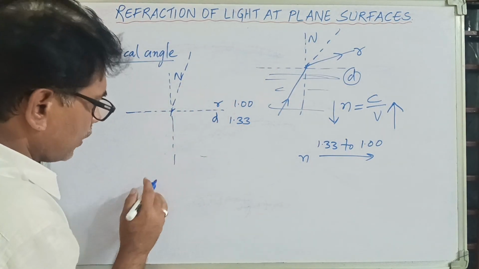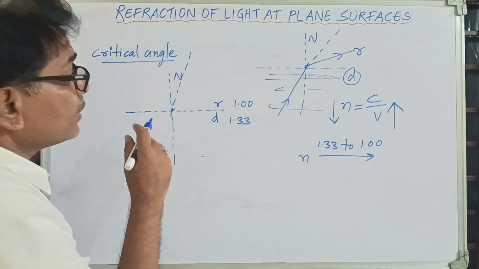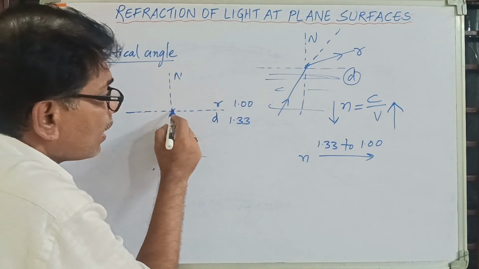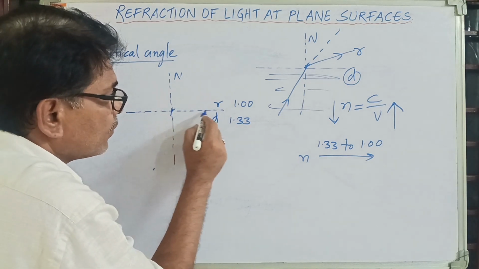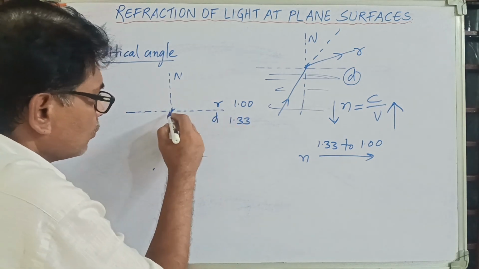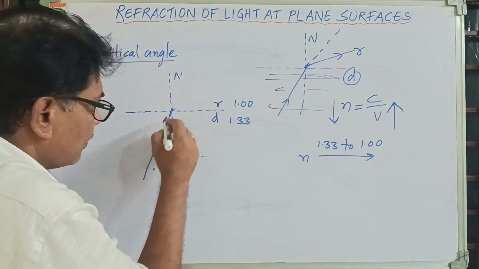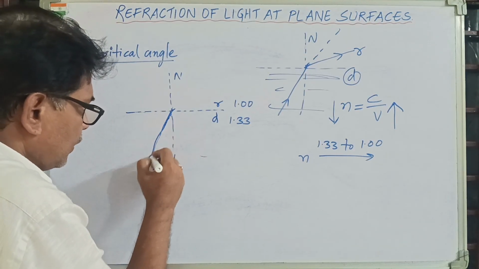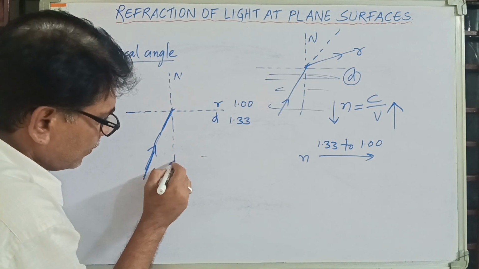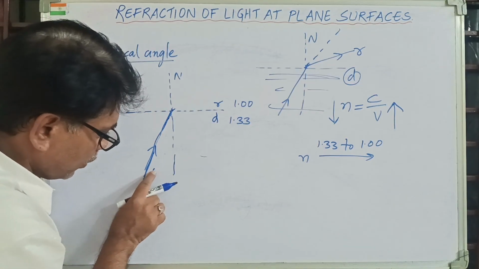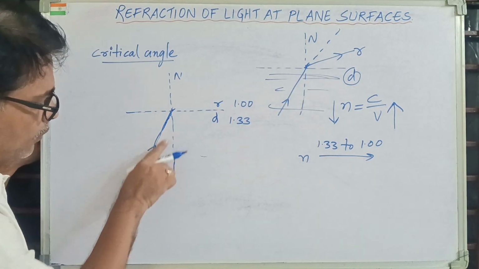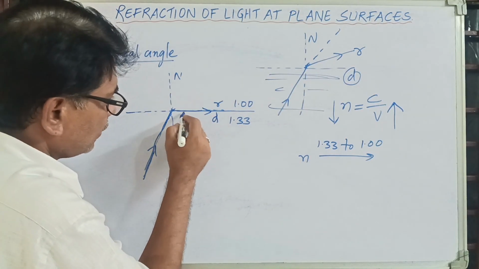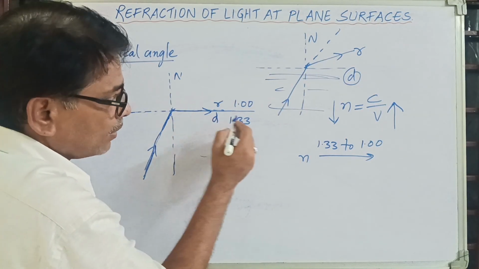So this was your angle of incidence from here. Now let us try in such a way that the refracted ray travels along this interface. So I increase the angle of incidence a little bit. Previously it was from here, I marked it here. Instead of that I increase it. Then what happens? This is my refracted ray.